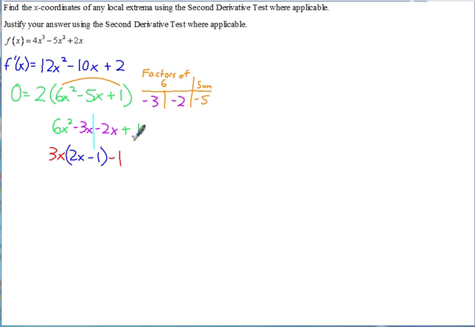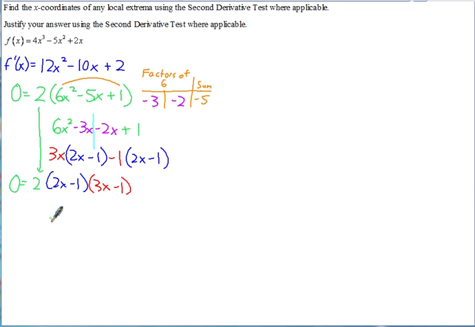And that would change the sign of both of those, so it would become a positive 2x and a negative 1. And now you can see both of these have a 2x minus 1, so you can factor that out like the GCF. And then what's left would be 3x minus 1. And then we still have the 2 out in front equals 0.